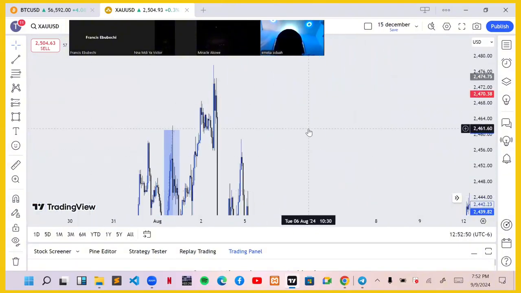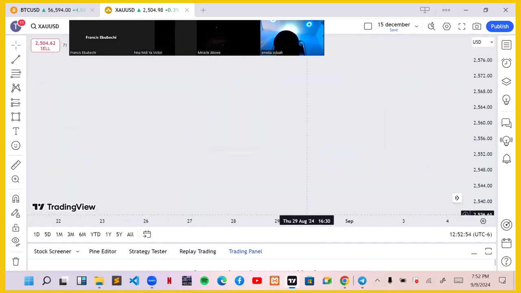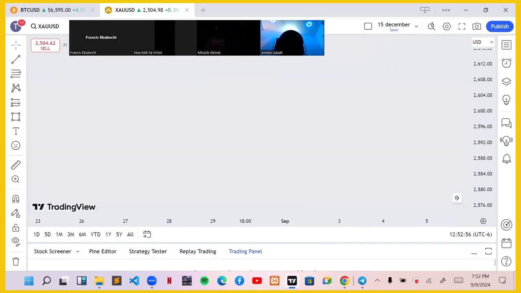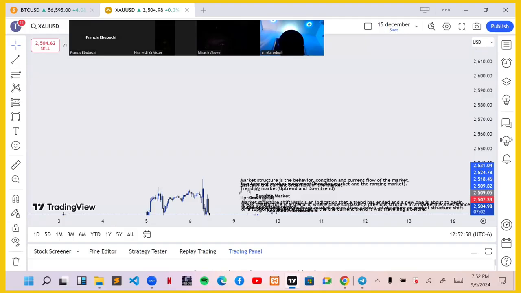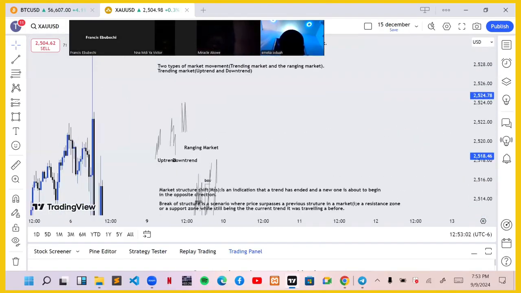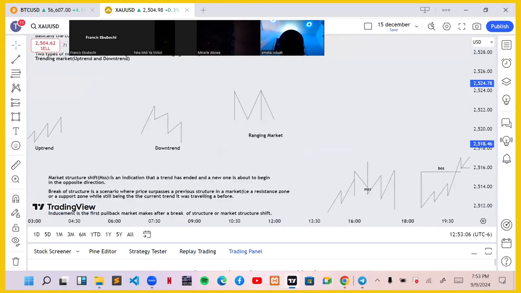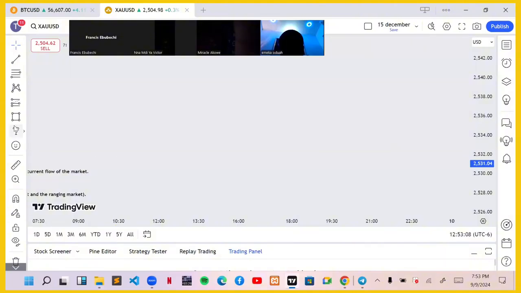Now, when do you use this? When do you use breaker blocks and when do you use order blocks? This is where the rules come in. The rules that you look out for before picking a point of interest. So there are four rules that I pay attention to before picking a point of interest, and these are the rules.